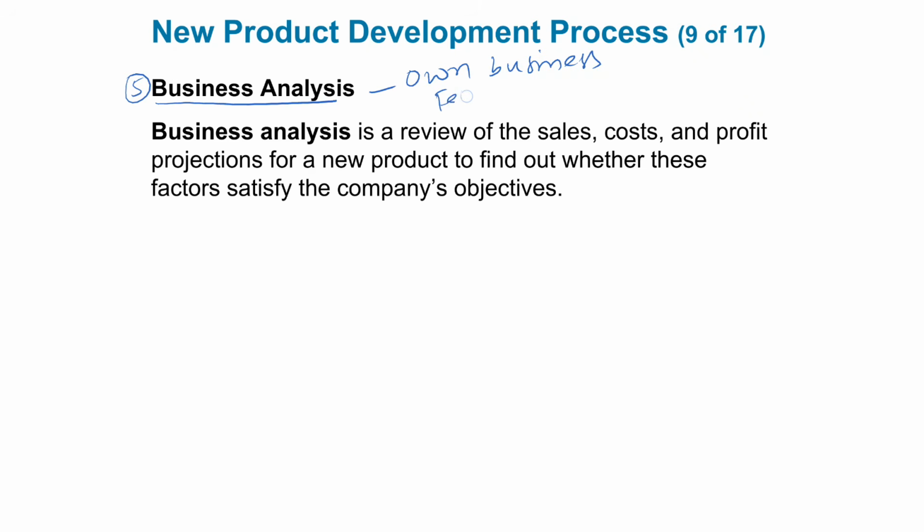This is your own business feasibility. Check if the idea is feasible keeping in mind your business resources, so your organizational resources or your company's resources. For example, do you have experts to convert that idea into a physical product?